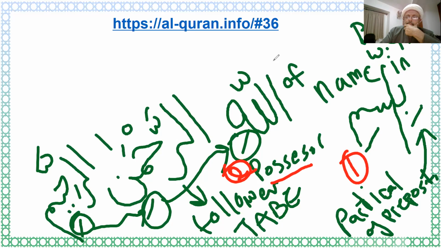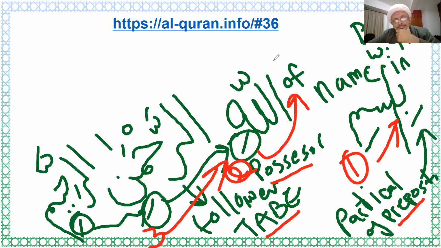This is because of the preposition, and this is because of the tabi', the following. 3 types of majroor are there: preceded by the preposition, the possessive "of", and the tabi', the follower, because we say tabi' of.